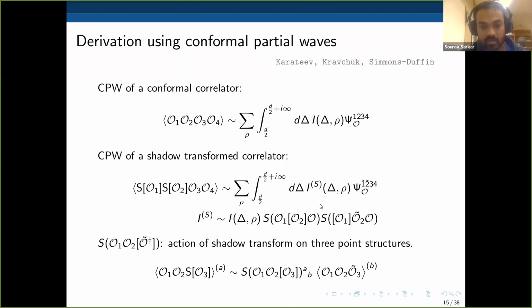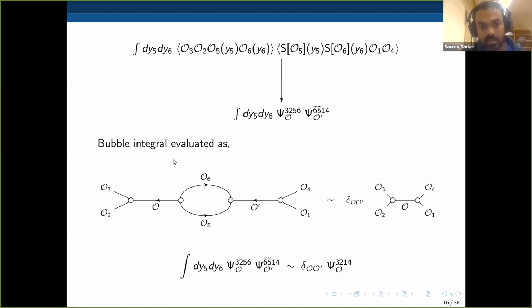So now that we know the partial wave expansion for the correlator and the shadow transform correlator, let's use that in the gluing. So let's consider this gluing, and we'll use the partial wave expansion for each of them, and that gives us an integral over these two partial waves.